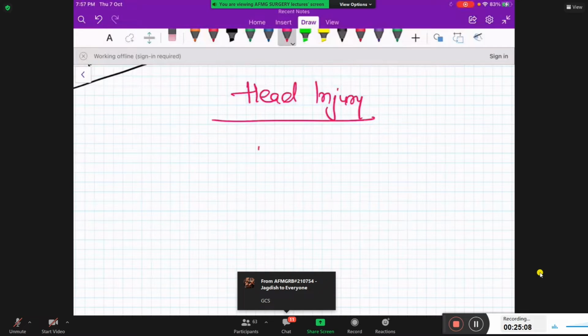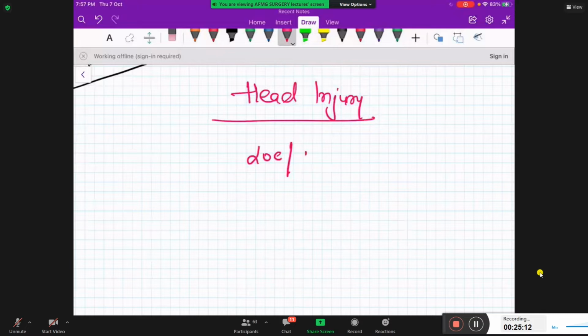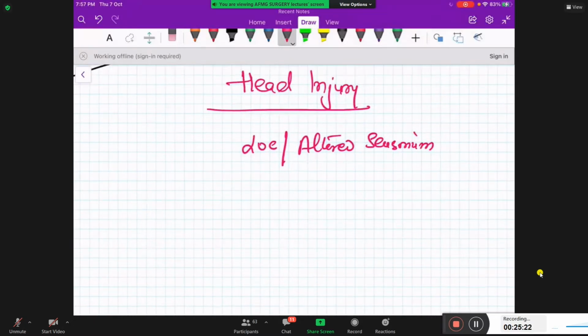The patient will have loss of consciousness or altered sensorium. The patient will have vomiting. The patient will have seizures.